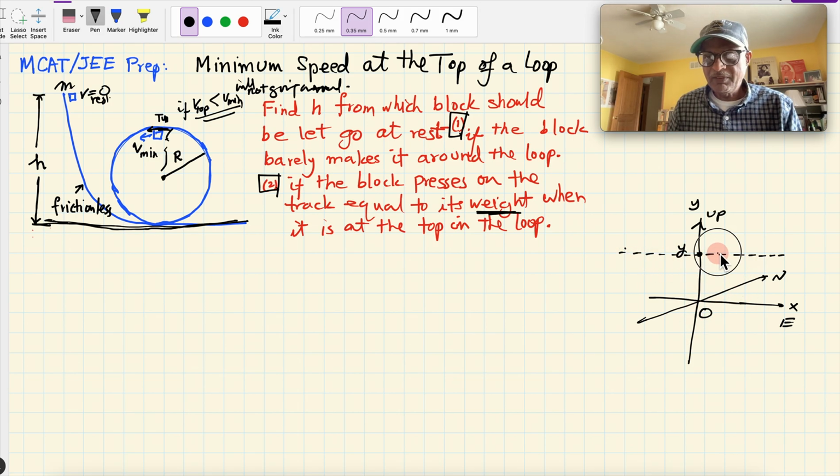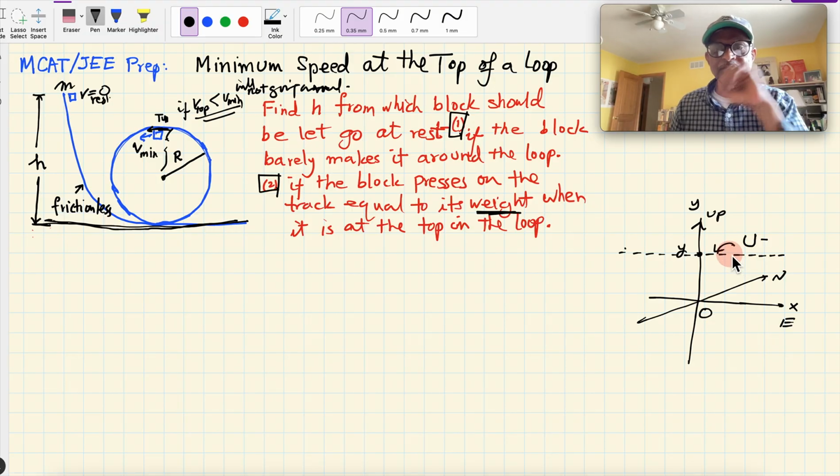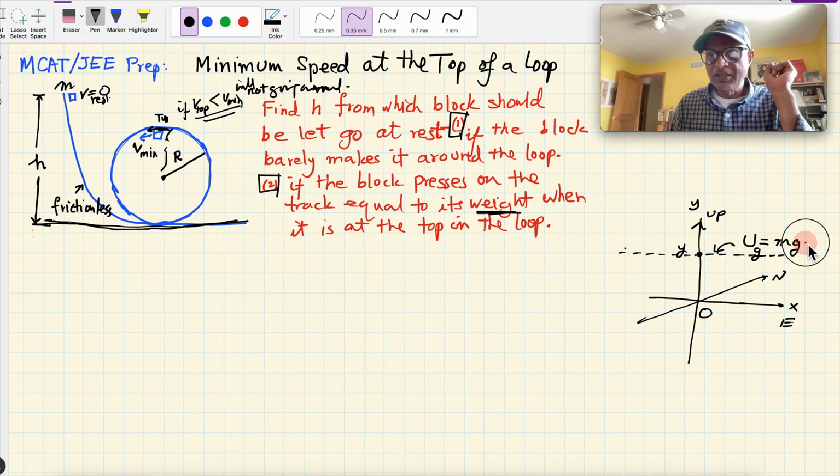So at this level, potential energy due to gravity, not the gravitational force from Earth, that's different, but U due to little g is mgy.